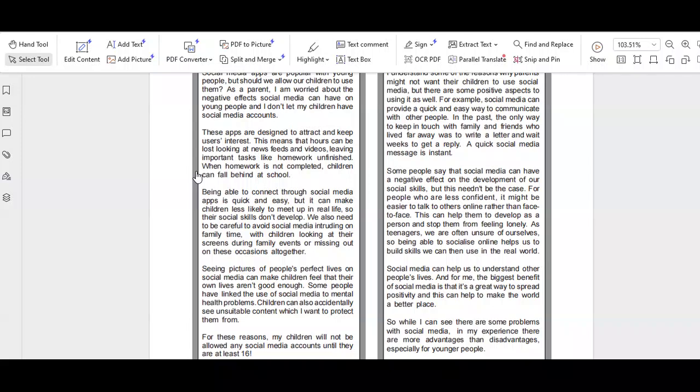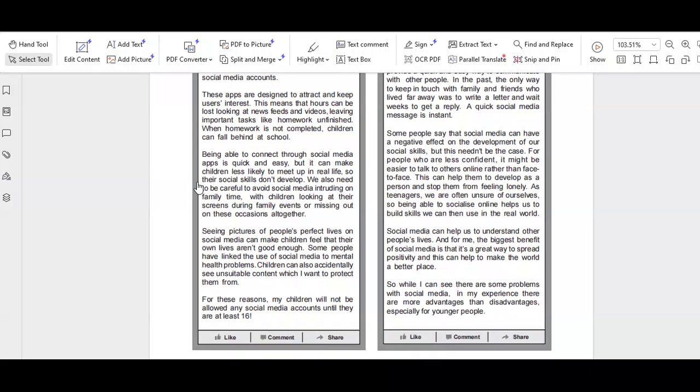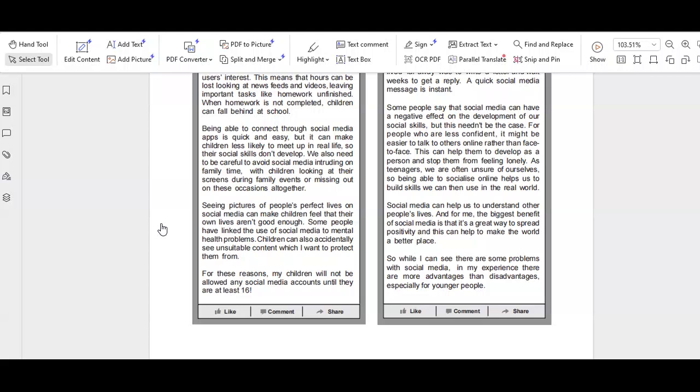We also need to be careful to avoid social media intruding on family times, with children looking at their screens during family events or missing out on these occasions altogether. Seeing pictures of people's perfect lives on social media can make children feel that their own lives are not good enough.